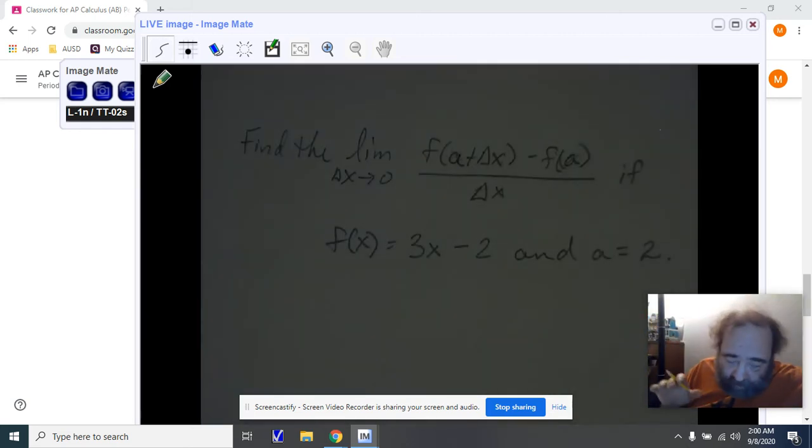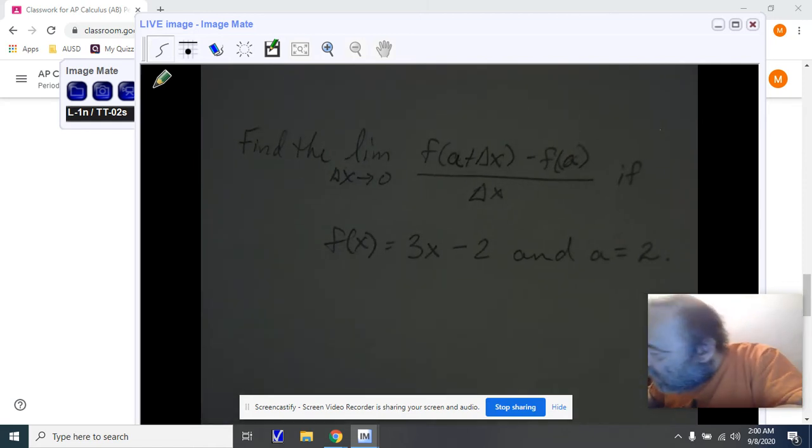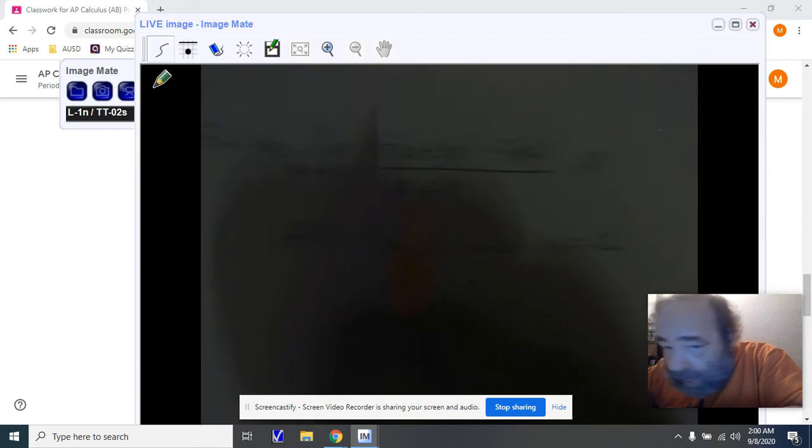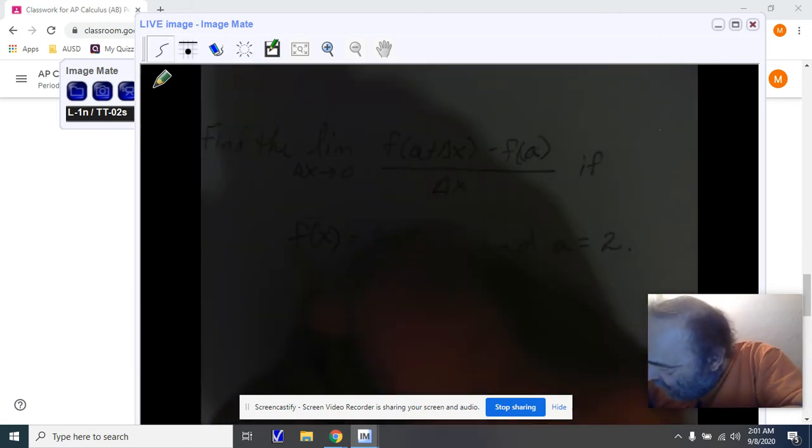Now I've got a couple, just very simple ones. I don't want to make this too difficult, because if I do, life gets ugly. So we're going to start off, and we're going to put f of a plus delta x in, and find out what f of a plus delta x is.